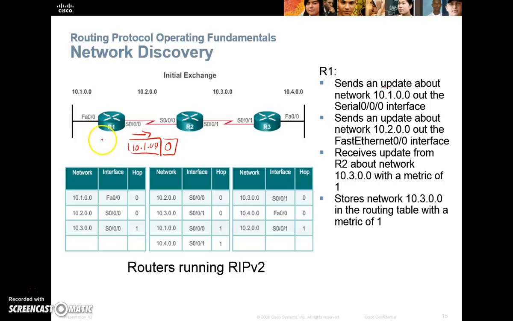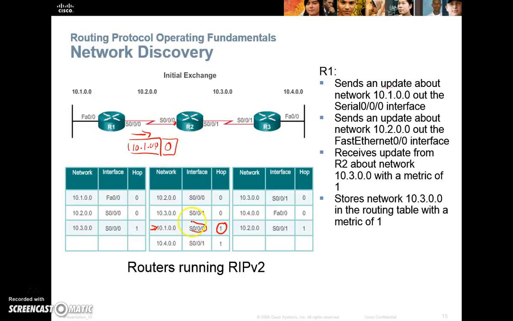So what will R2 do? When R2 receives this route, he will insert it into the routing table. And since he knows that it's 0 hops away for R1, he will increase the metric to 1. It's 1 hop away. And which interface did he receive the update on? He received it from S0/0/0.